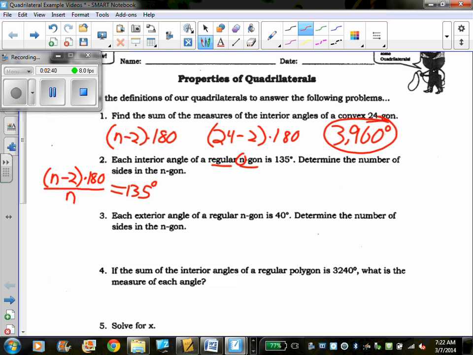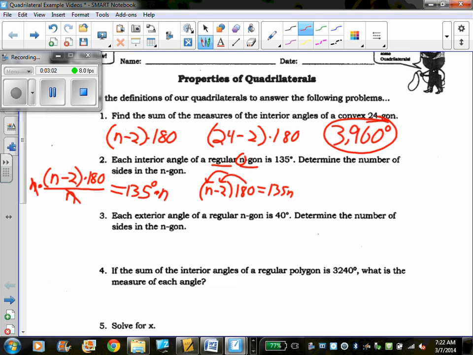First step to solving this one is to multiply both sides by n. That makes this no longer a fraction, which makes the problem a little simpler. So now we're going to have (n minus 2) times 180 equals 135n. We'll distribute the 180 to both of these parts.